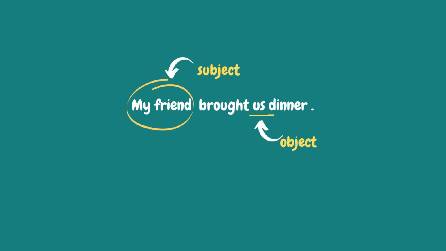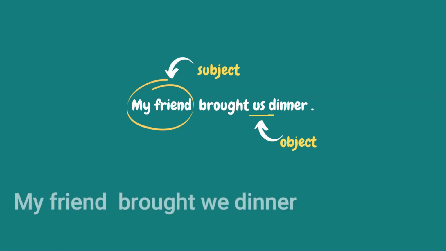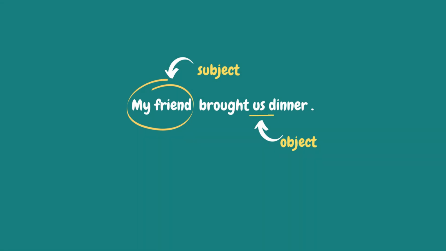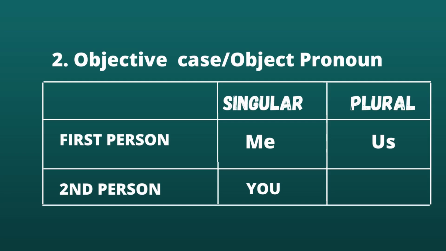Us is the plural form, and that is served as an object. My friend brought we dinner is wrong. The same explanation. We is a subject pronoun. Therefore, we cannot use it as an object.